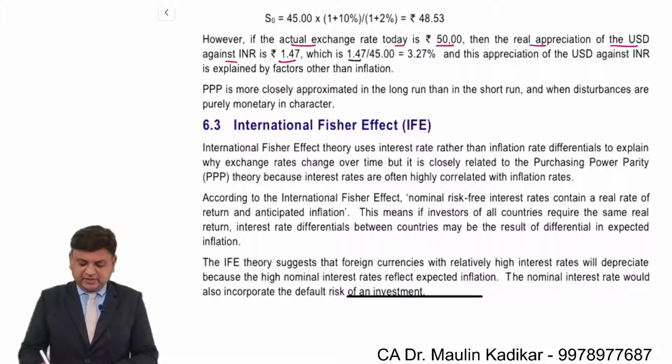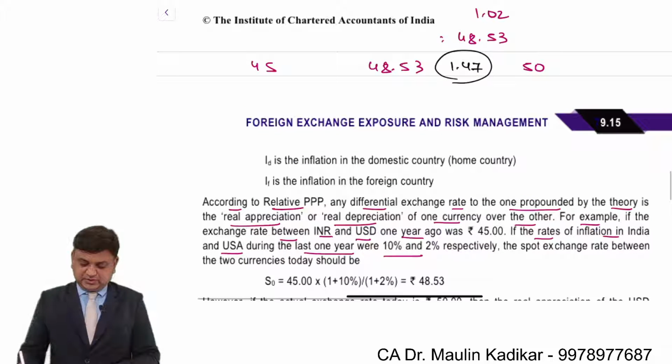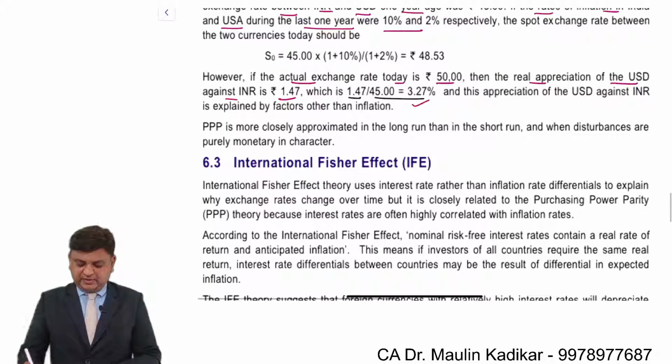That is 1 rupee 47 paise upon 45, that comes to 3.27%. And importantly, this appreciation is over 45 rupees. So that comes to 3.27%. And this appreciation of the dollar against rupee is explained by factors other than the inflation.